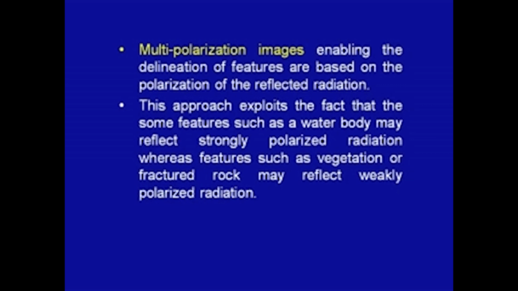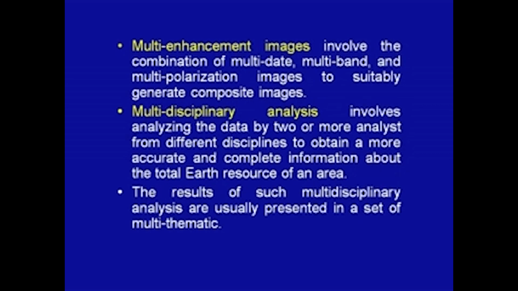This approach exploits the fact that some features such as water bodies may reflect strongly polarized radiation, whereas features such as vegetation or fractured rocks may reflect weakly polarized radiation. Multi-enhancement images involve the combination of multi-date, multi-band and multipolarized images to suitably generate composite images.